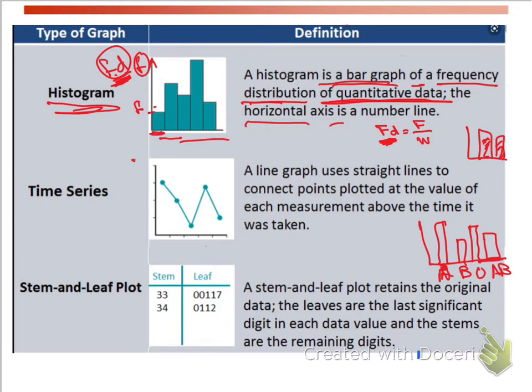If I have two columns and this column is bigger in width, it will be the frequency divided by this width. So frequency divided by the bandwidth. This is band 1, band 2, band 3, band 4, band 5, and so on. So the frequency divided by the bandwidth.